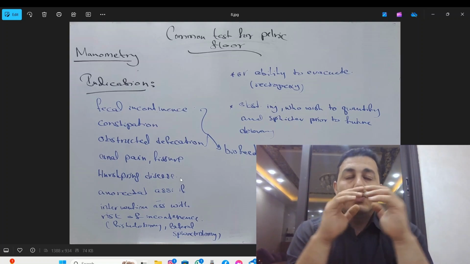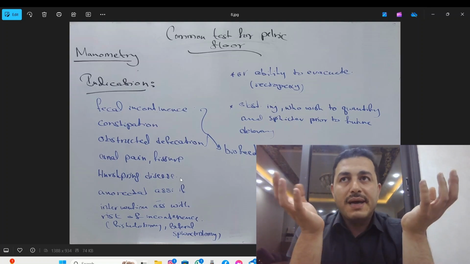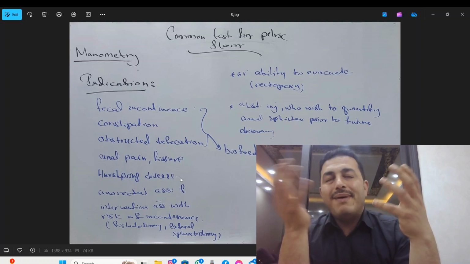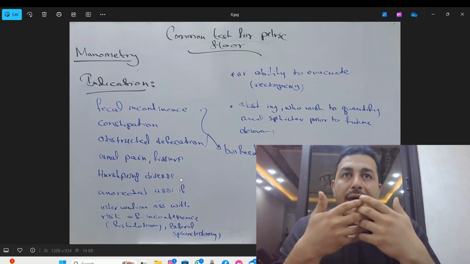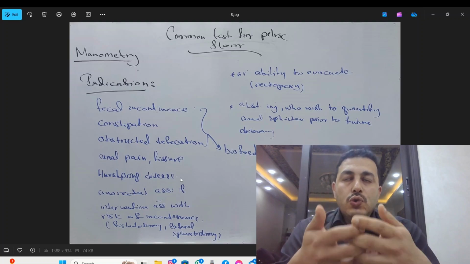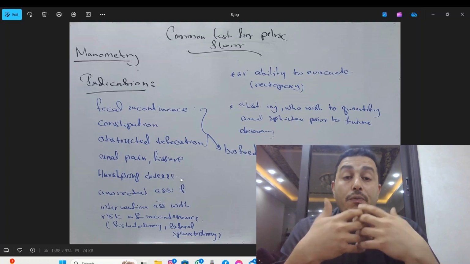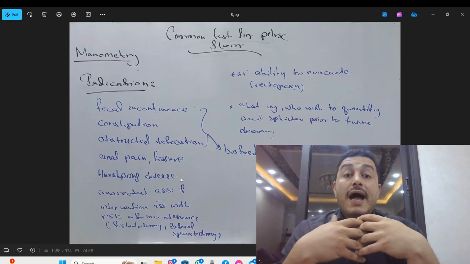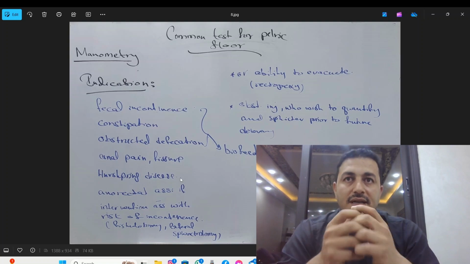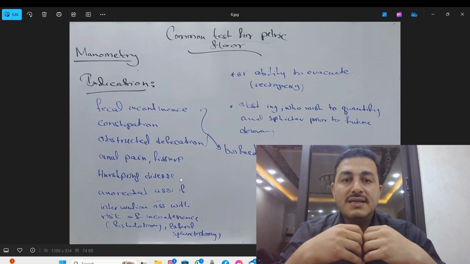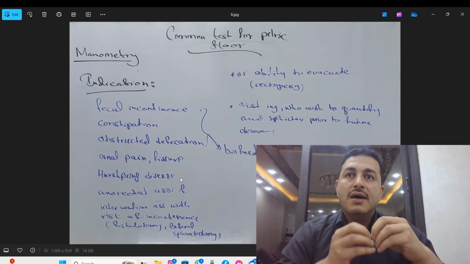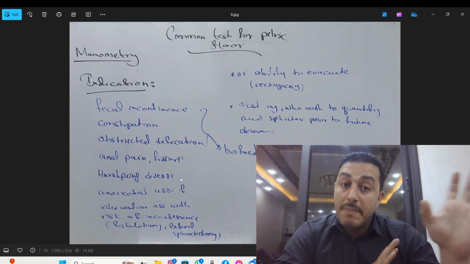To understand what biofeedback therapy means, it's teaching the patient how to properly use their abdominal and pelvic muscles to defecate, and this is guided by the manometry.